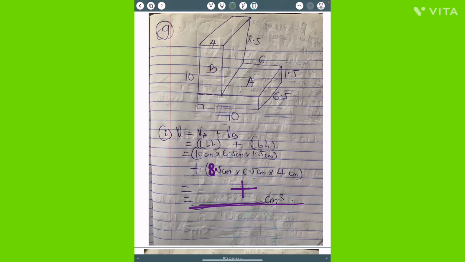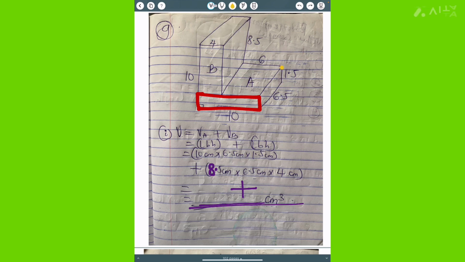Now, let's go to the surface area. The total surface area is very simple. All you need to do is take note of every side that's available. So let's start from this part. It is 1.5 by 10.